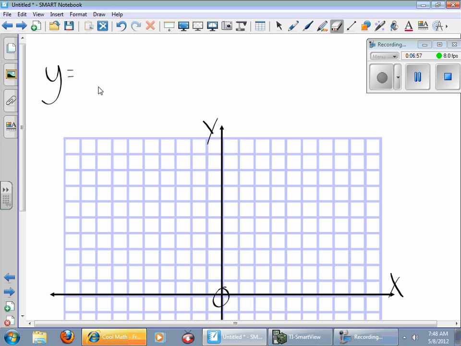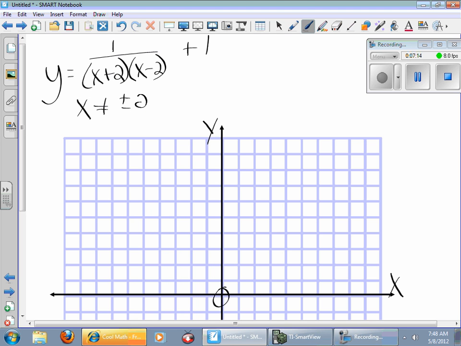So I'm going to get 1 over the quantity of x plus 2 times the quantity of x minus 2, and then I believe it was plus 1. Well, the restrictions are that x cannot equal plus or minus 2.